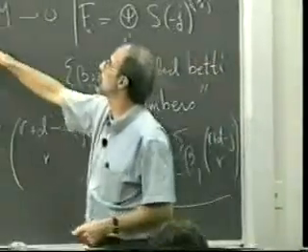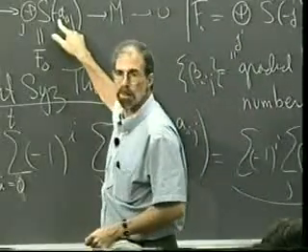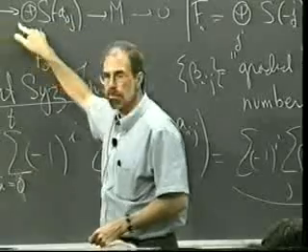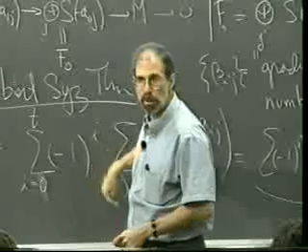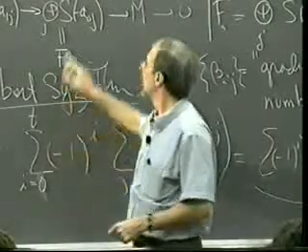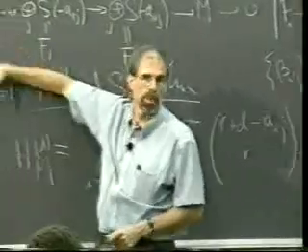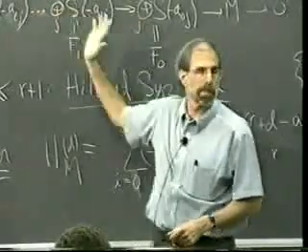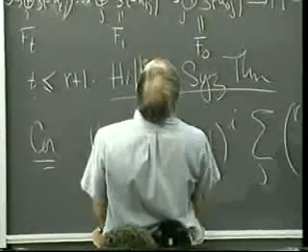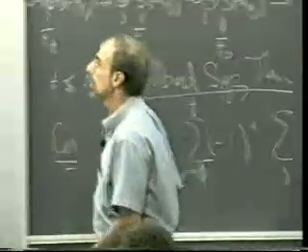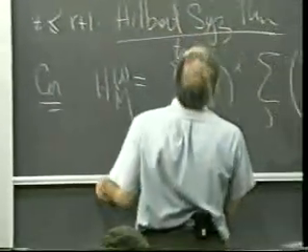But if I always choose a minimal set of generators for M corresponding to these numbers, a minimal set of generators for the kernel corresponding to these, then the beta ij's are uniquely defined, and in fact, the resolution itself is unique up to isomorphism. Any two of these with the same minimality property would be unique. So this is actually a pretty good situation, but it's convenient to say something a little bit more.